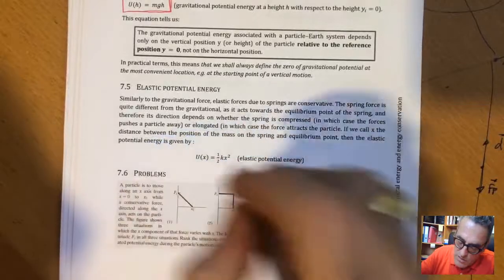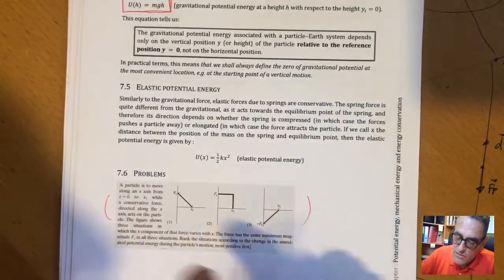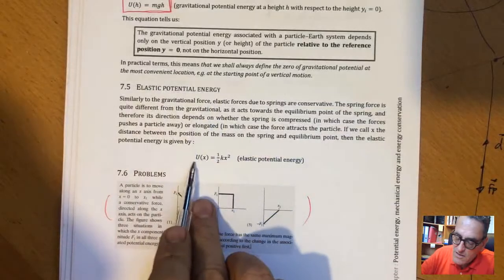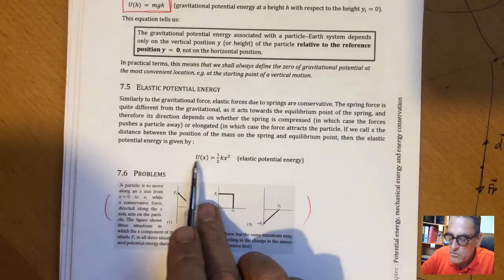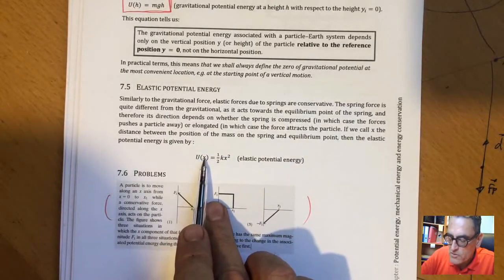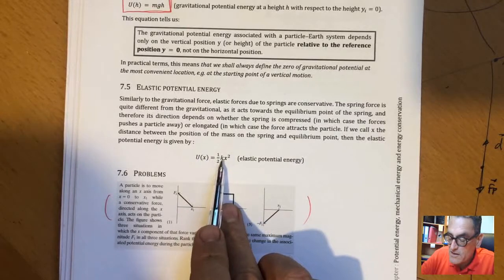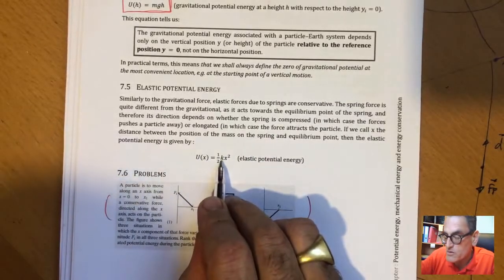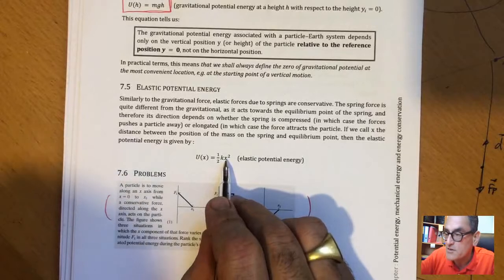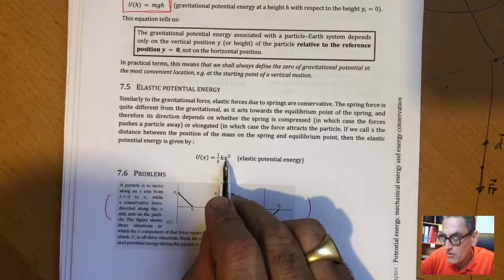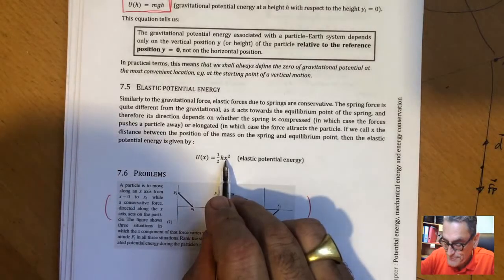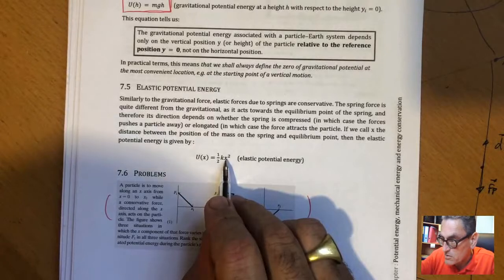This one I will leave aside for the moment. I remind you of the elastic potential energy. I told you before, I'm not going to demonstrate this, but the potential energy for a spring is 1/2 kx squared, where k is the spring constant and x is the distance between the actual length of the spring and the length of the spring where it's not compressed or made longer.